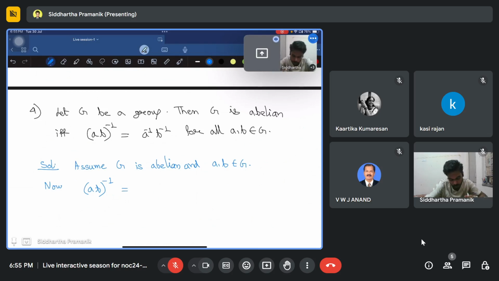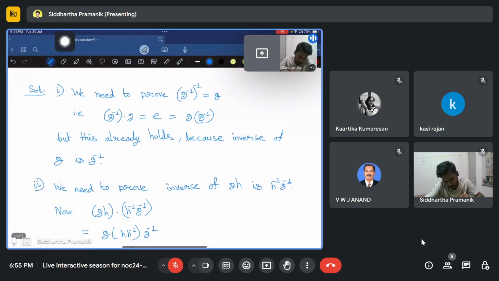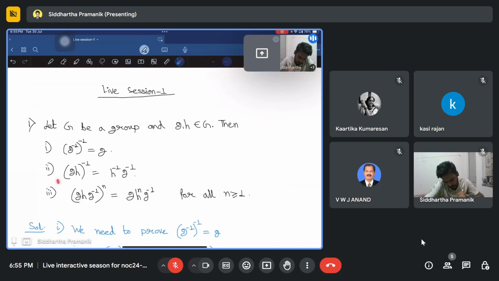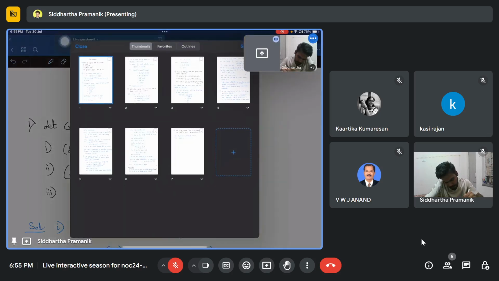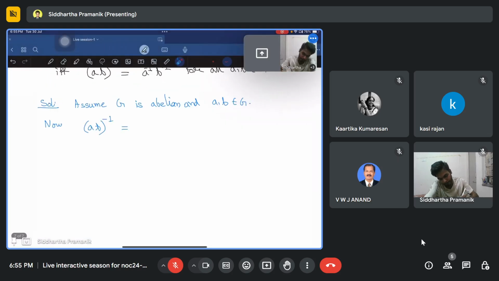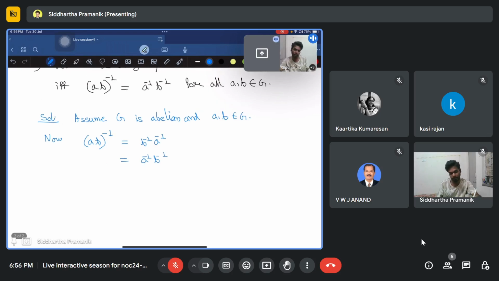According to the first problem which we have done, if we use this property, then we can write this as B inverse A inverse, right? Now our group is abelian, so we can just interchange these two elements. So A inverse B inverse. So the relation holds, right?